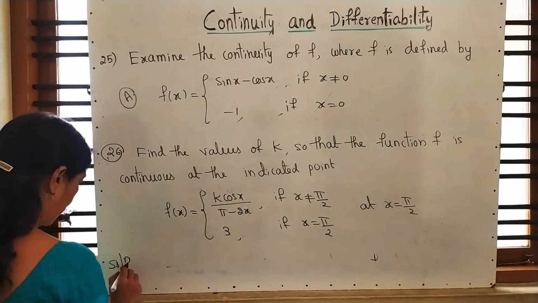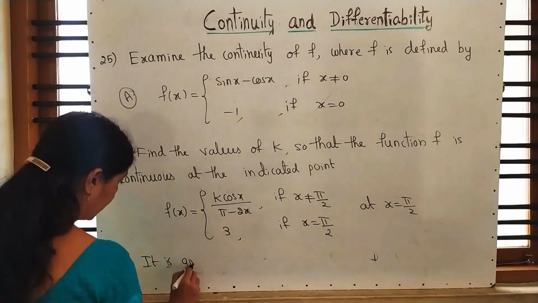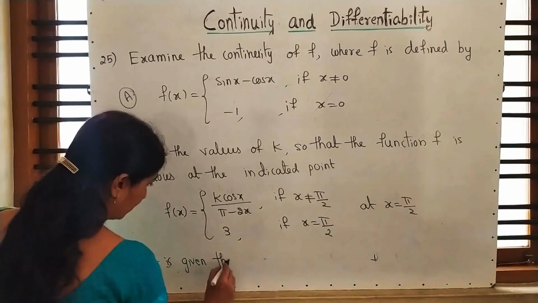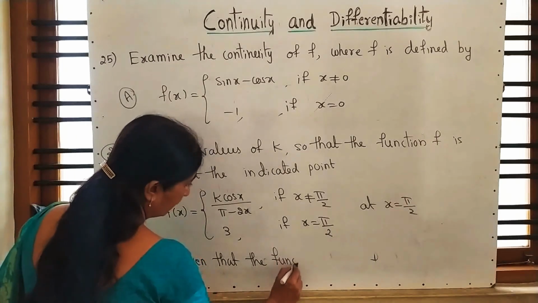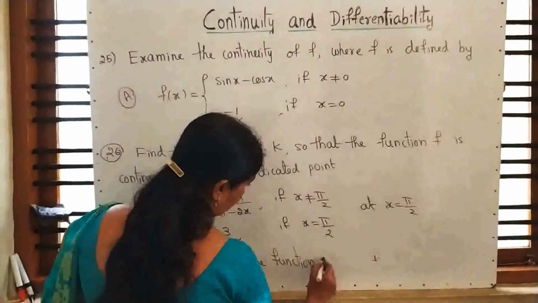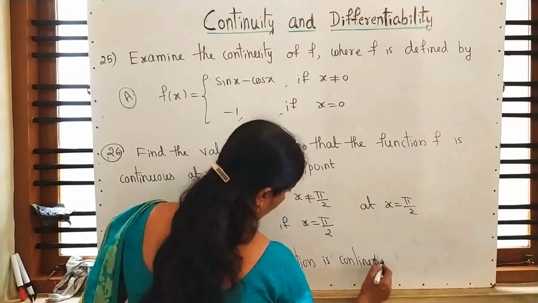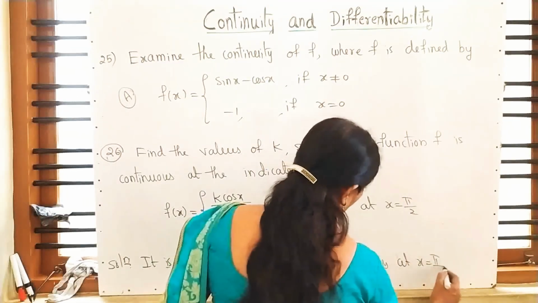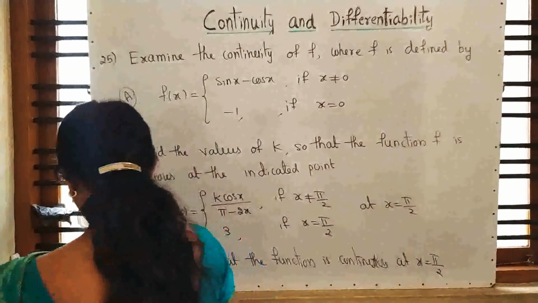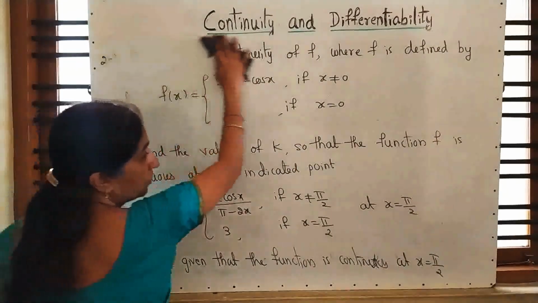In the solution, you have to write like this. It is given that the function is continuous at x is equal to pi by 2. That means obviously it is defined also. If it is continuous means the function is defined.